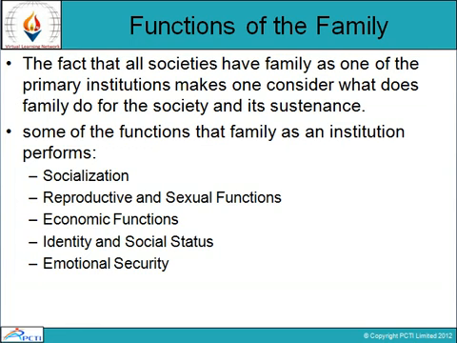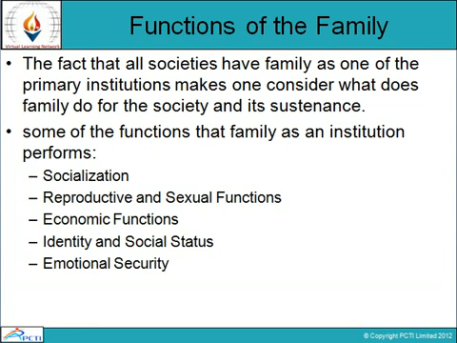Some of the functions that family as an institution performs are socialization, reproductive and sexual functions, economic functions, identity and social status, and the last one is emotional security.